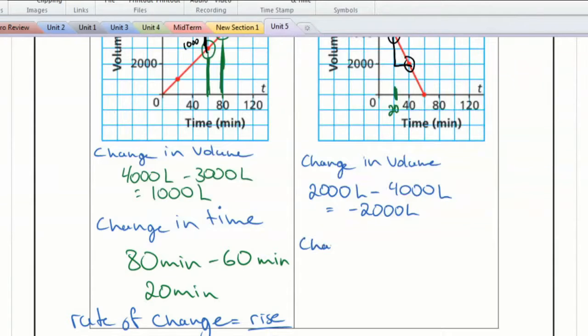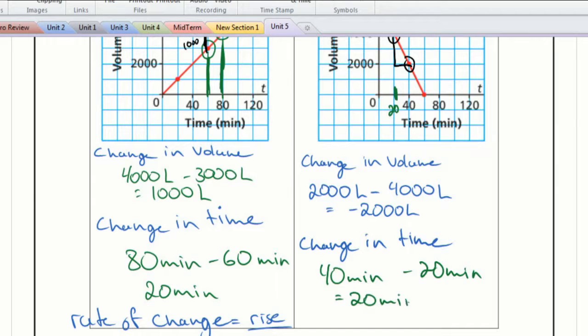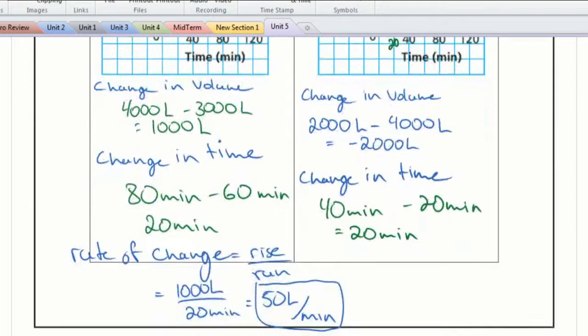So the change in time is going to be 40 minutes minus 20 minutes, which is equal to 20 minutes. Now, same idea as before, the rate of change is going to be the rise over the run.